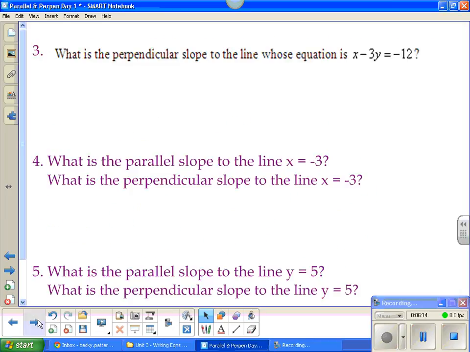Number 3, what is the perpendicular slope to the line whose equation is x minus 3y equals negative 12? I'm going to box in the word perpendicular. So I want the perpendicular slope to this line. So I need to know what its slope is. So I'm going to solve it for y.